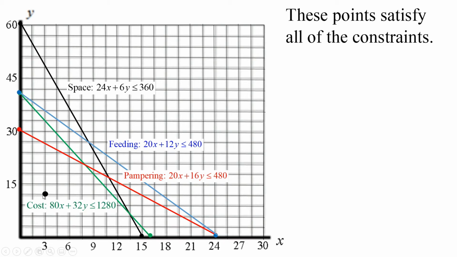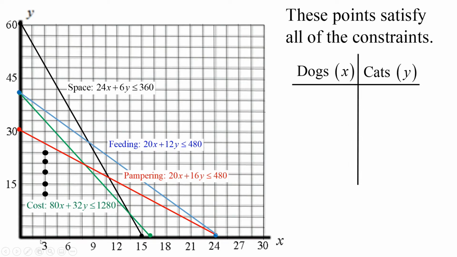Well, there's a point, and I'm going to use the same x values. There's a point, there's a point, there's a point, there's a point. Now, because all 5 of these points are below every boundary line, those points would work. And those ordered pairs would be the number of dogs and cats that Clarita and Carlos could board. So the x-coordinate on each of them would be 3.